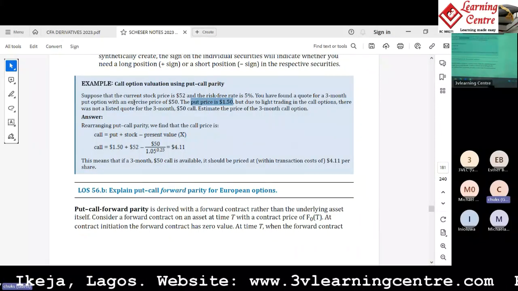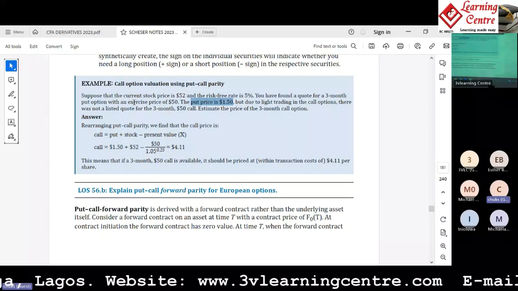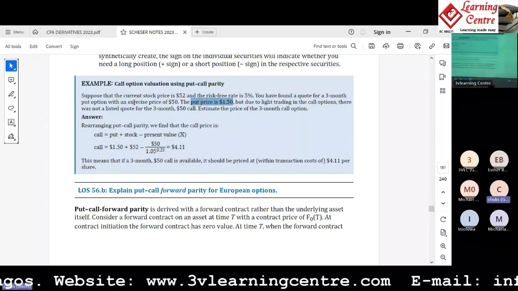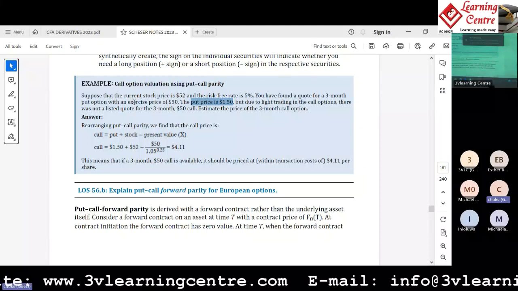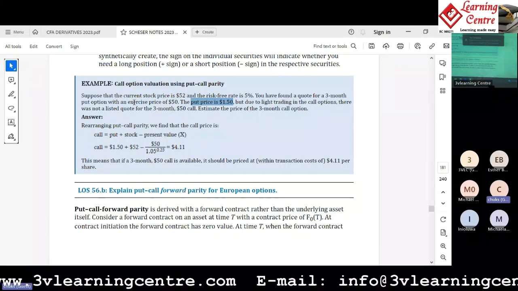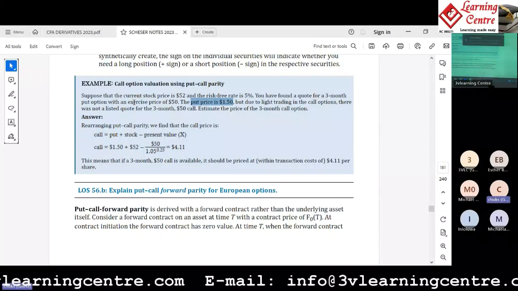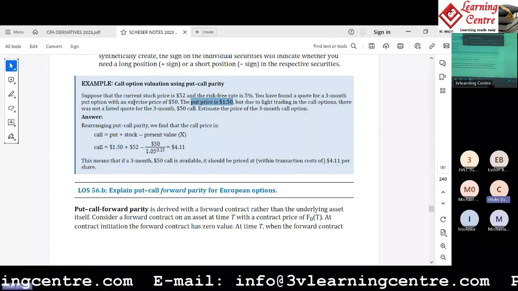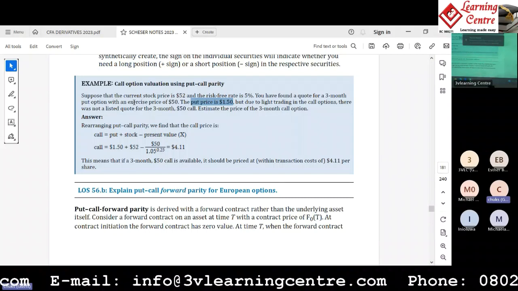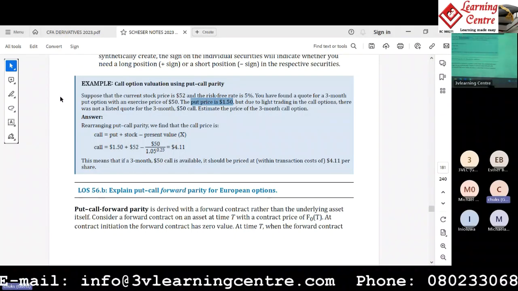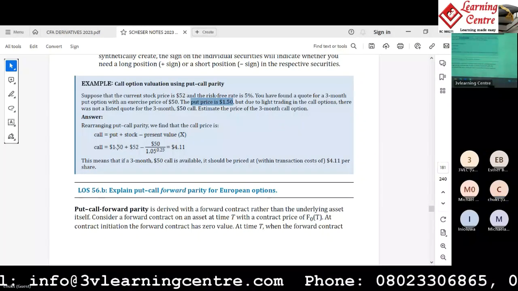So that is what is on the left side. Then on the right side, you have the stock and the put option. In this question, we are asked to calculate the price of the call option, so all you need to do is move the present value to the right side. Since it's positive, once you move it to the right, it becomes negative. So you solve for the call option.